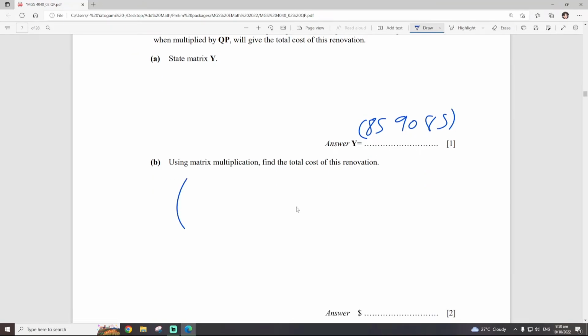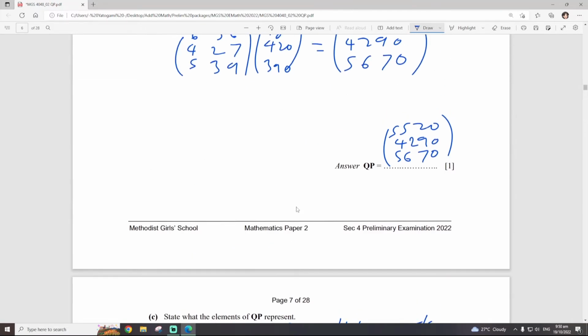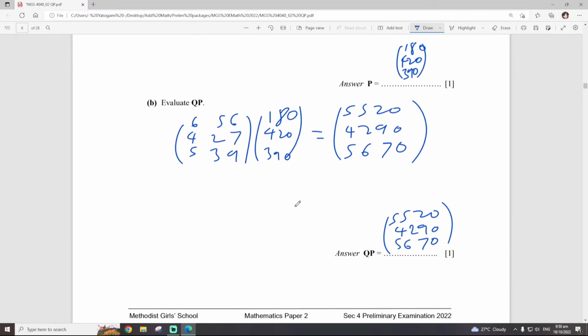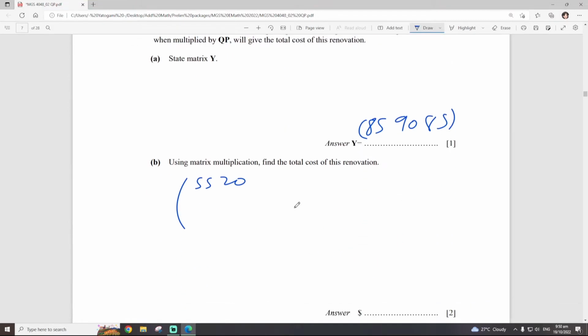Find the total cost. Okay, so this will just be 5520, 4290, and 5670. And then multiply this by 85, 90, and 85. And of course, you will just get a 1 by 1 matrix.